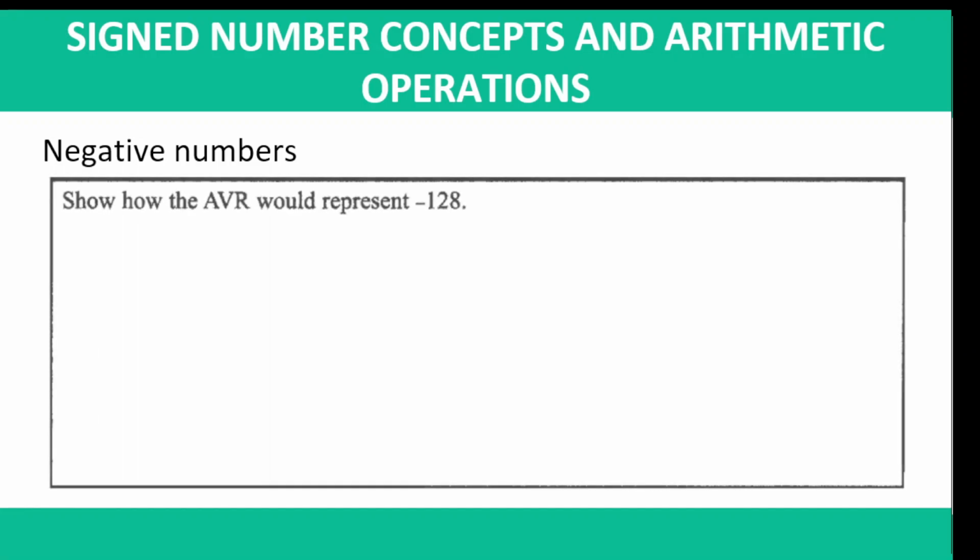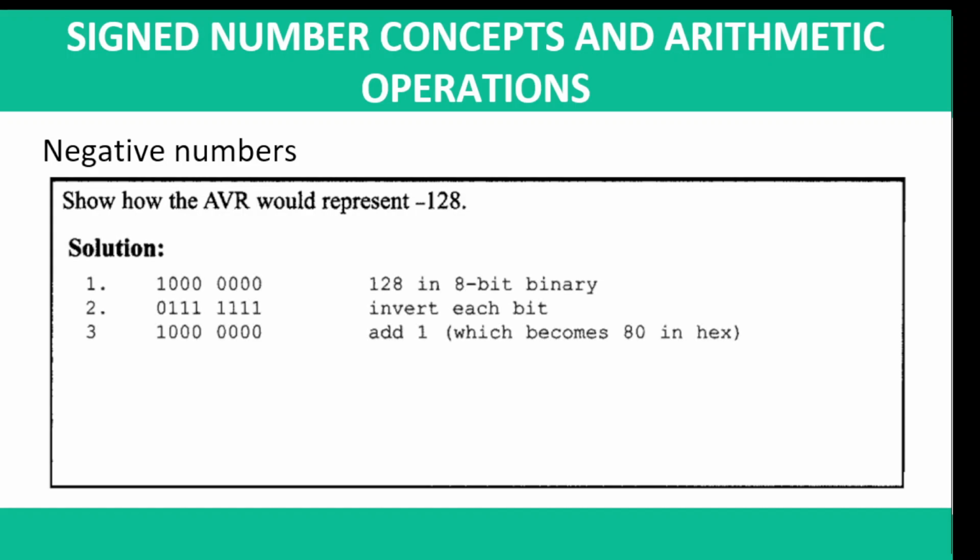For another negative number, how would we represent negative 128? For negative 128, we have 1 0 0 0 0 0 0 0. That is the magnitude of 128 in binary.